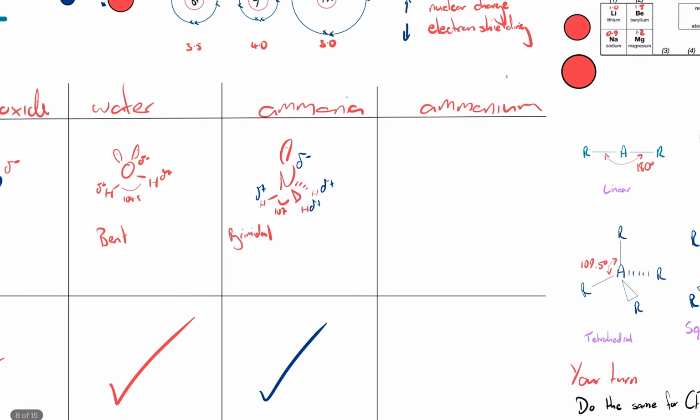Then we get on to ammonium, which is a good example of dative covalent bonding. So we've got an H plus ion has bound on to this lone pair of electrons here. And this is tetrahedral, got bond angle of 109.5.